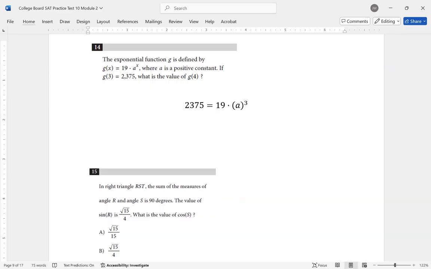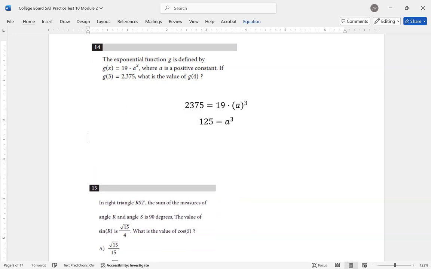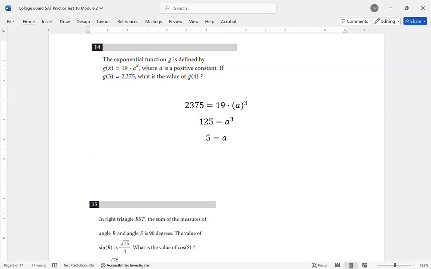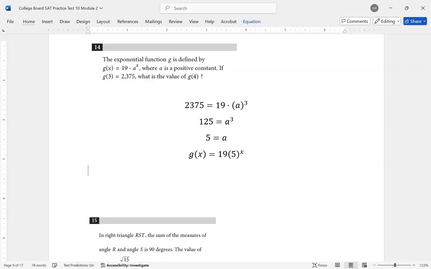Dividing both sides by 19 would give me 125 is equal to a raised to the third power. I could take a 1/3 power or a cube root of both sides, but in either case, I get a is 5. So now I know that my function g of x looks like 19 times 5 raised to the x power.